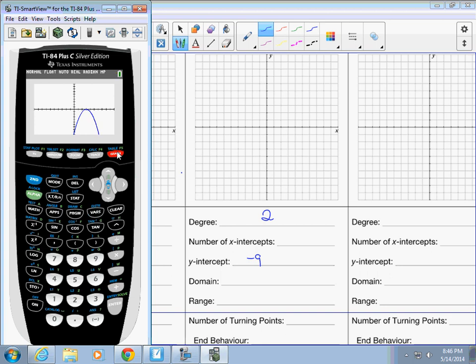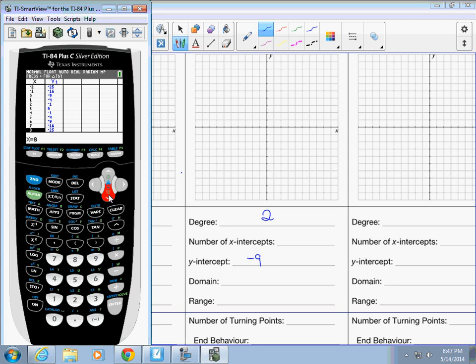So right from looking at this, you can see where your vertex is going to be at 3, 0. But you can check on the table just to make sure, and then also to plot your points. If I look on my table, my vertex 3, 0, if I move down here a little bit, you can see my numbers are repeating.